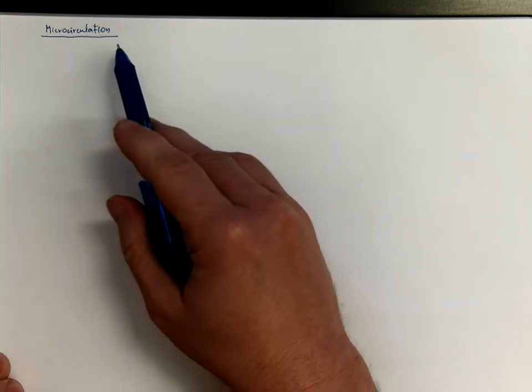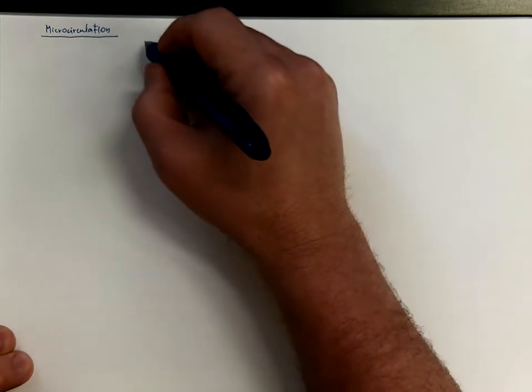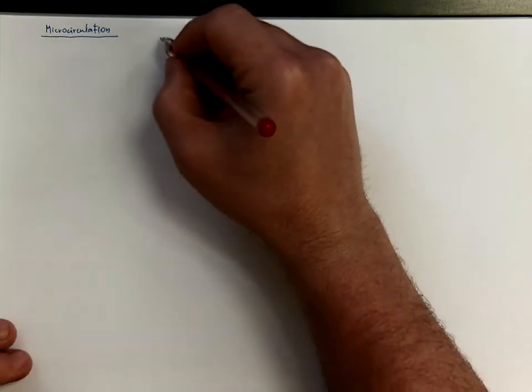Let's discuss the histology of microcirculation. So we are entering the arterioles.